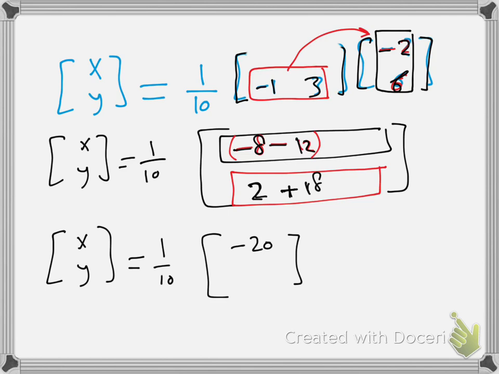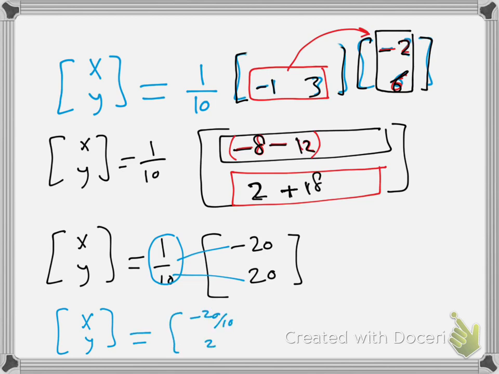And the 2 plus 18, which is +20. Now you can multiply 1 by 10 inside. Then xy, those are the variables, equal to -20 divided by 10 and 20 itself divided by 10. Then now the answer is finished.